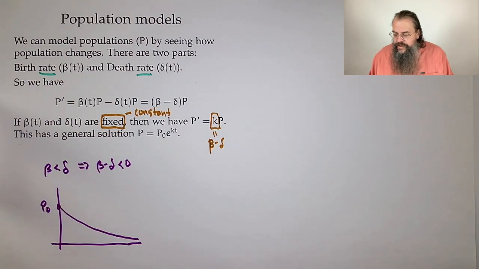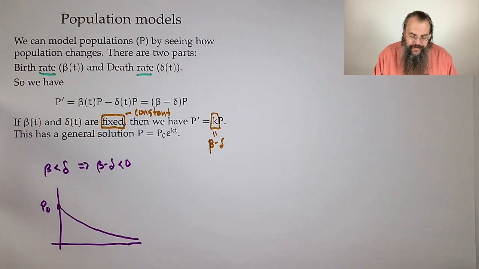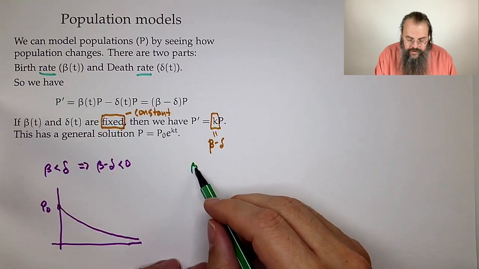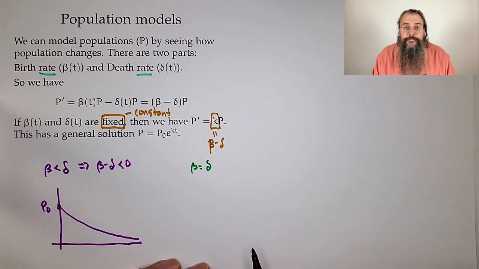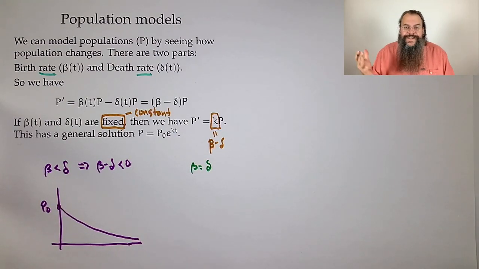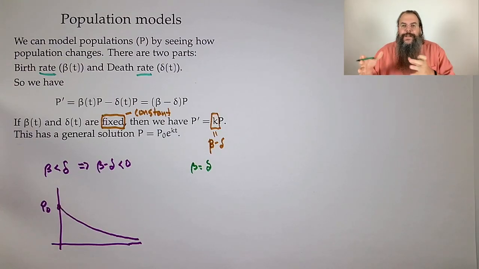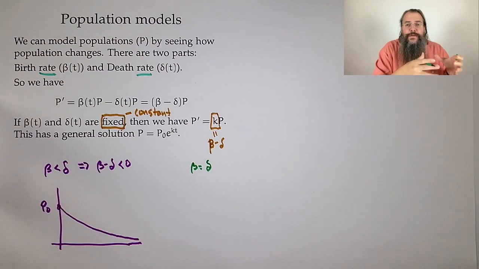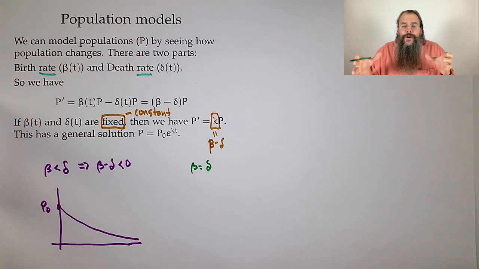Let's talk about another case. Okay, suppose that the birth rate equals the death rate. What should be true? Let's think about that. It says that the number of people being born matches the number of people who are dying. What does that tell us about our overall population?